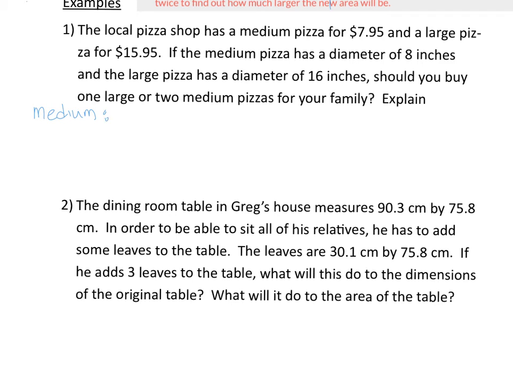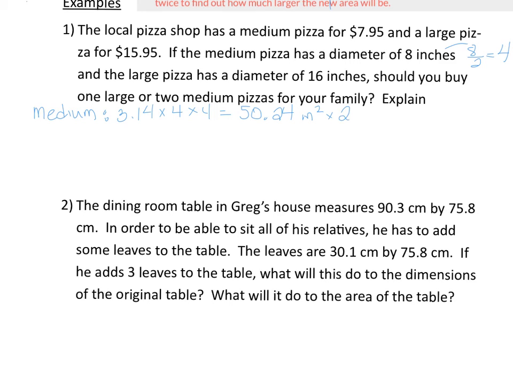So we would say 3.14 times, if it's got a diameter of 8 inches, to find the radius we would have to divide by 2, meaning that the radius would be 4. So we do 3.14 times 4 times 4, because fuzzy wuzzy was a bear and area of a circle is pi r squared. And we get 50.24 inches squared for one pizza.